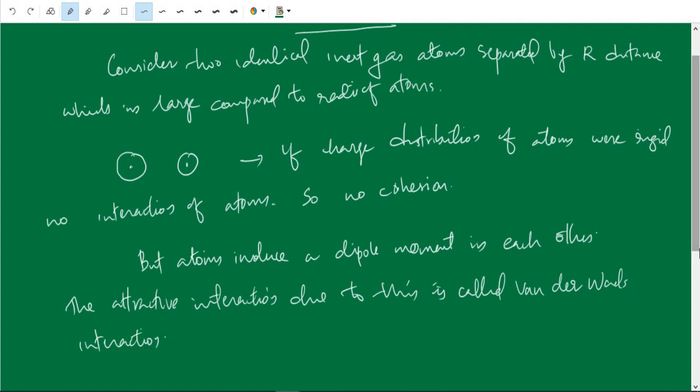The attractive interaction due to these induced dipoles is called van der Waals interaction. So this is responsible for the interaction between atoms in inert gas crystals.